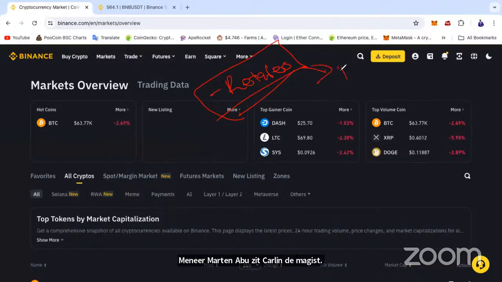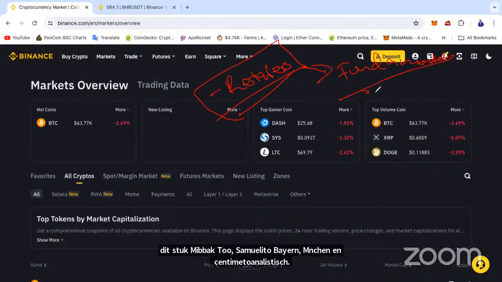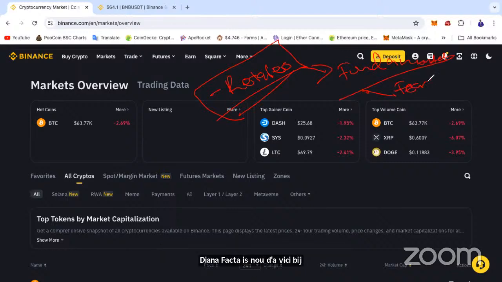Now, this takes me back to some little fundamental and sentimental analysis. There are factors now that are causing the fear. That's why when we go back to CoinMarketCap, we shall see that the fear and greed index could now be either neutral or fearful. People are not greedy.